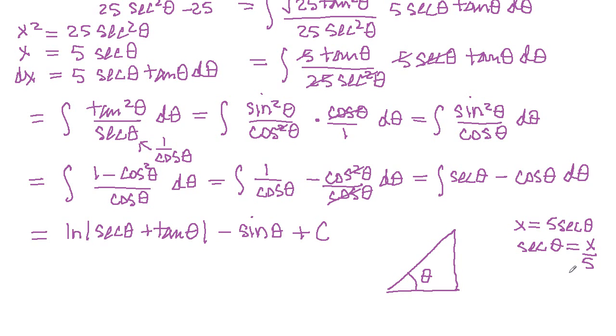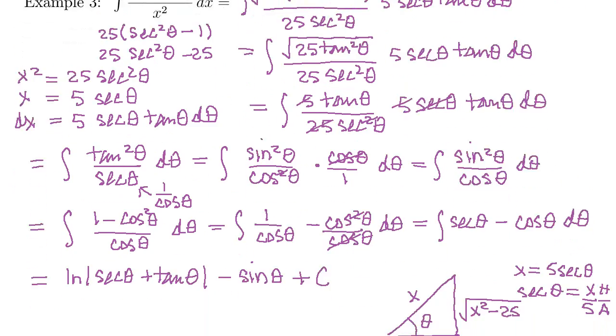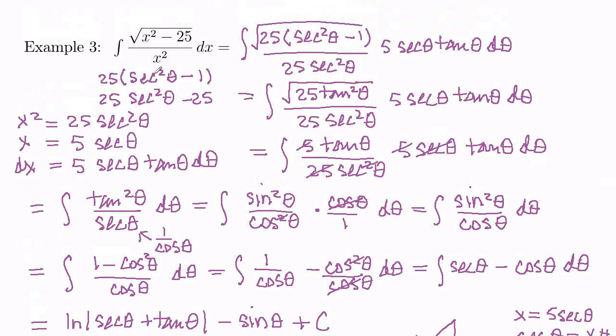Cosine is adjacent over hypotenuse. So this is going to be hypotenuse over adjacent. So our hypotenuse is x. Our adjacent side is 5. And then this side will be square root of hypotenuse squared minus leg squared, 5 squared, 25. So root x squared minus 25, and double check here. That is in our original integral right there. It's the numerator.